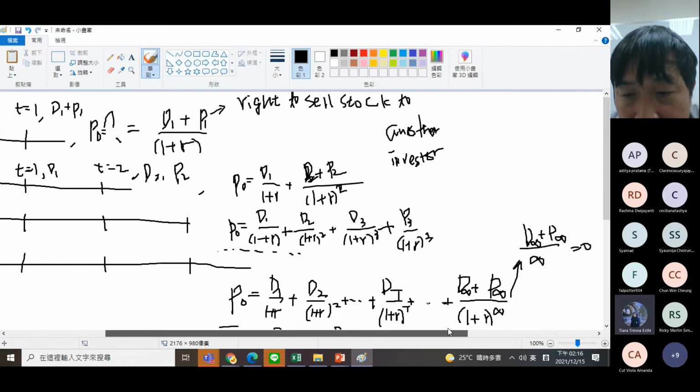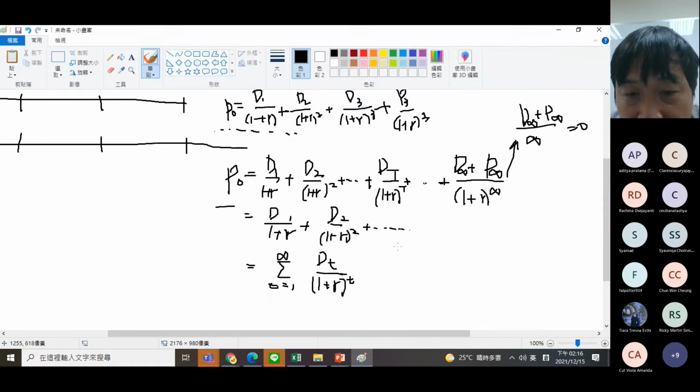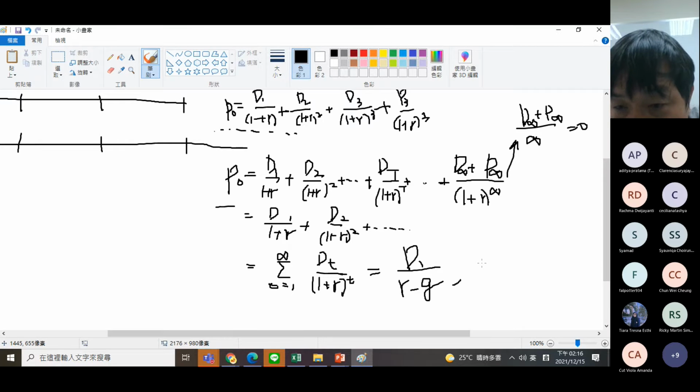You remember that we can rearrange that by the formula D1 over r minus g. This is our important equation based on the ideal assumption.